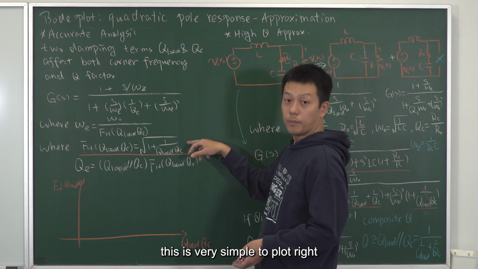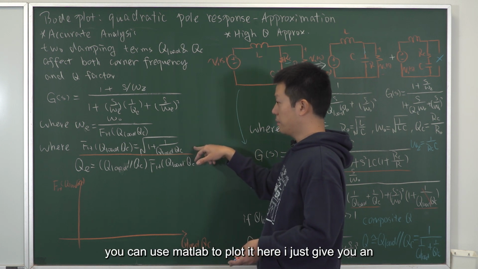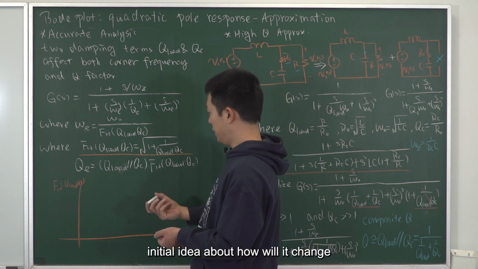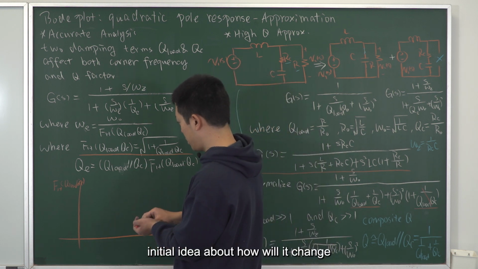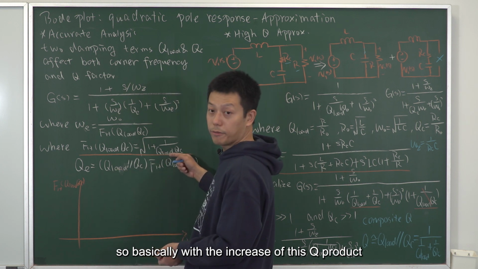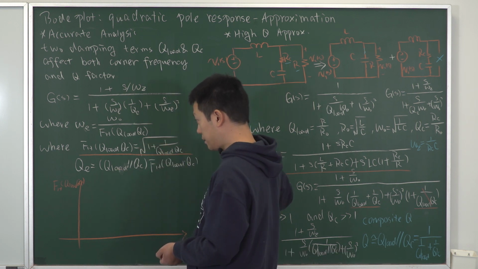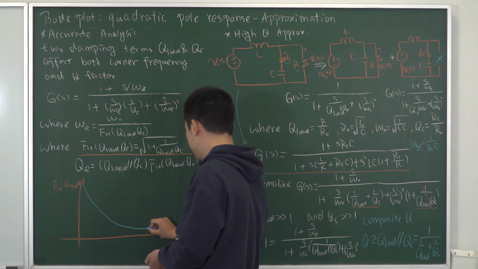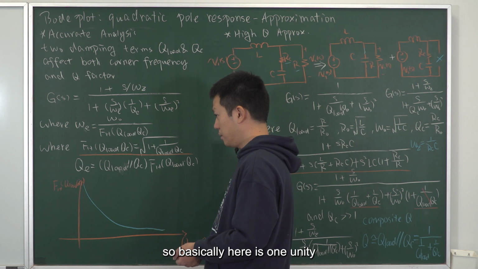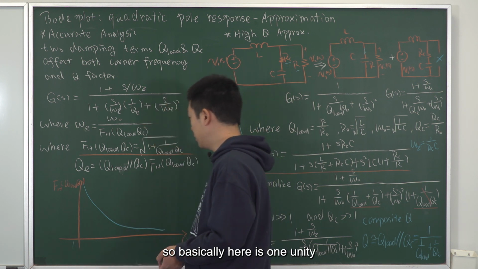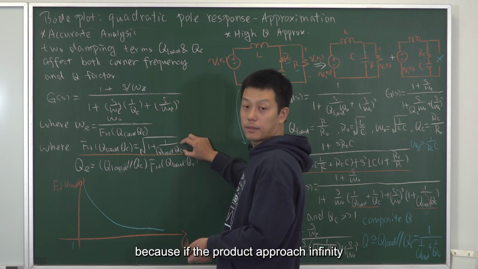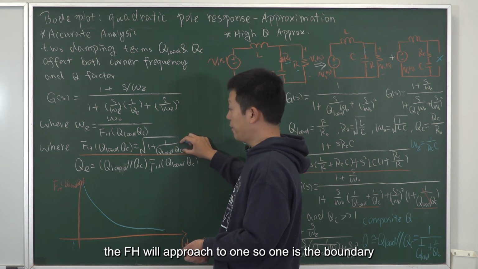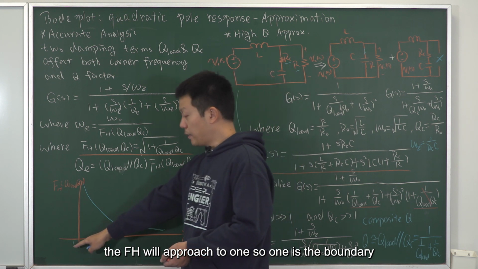This is very simple to plot, and you can use MATLAB to plot it. Here I just gave you an initial idea of how it changes. With the increase of this Q product, FH will decrease. Here is 1, because if the product approaches infinity, FH approaches 1.